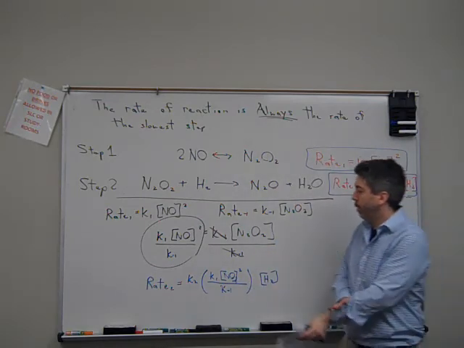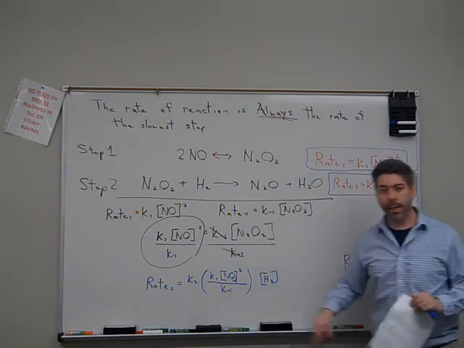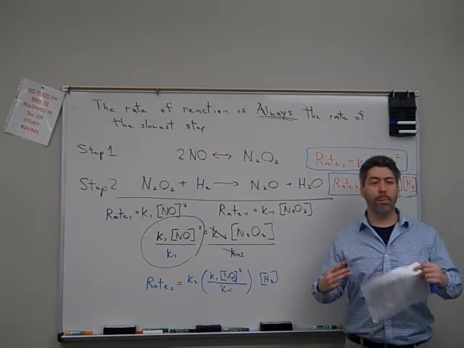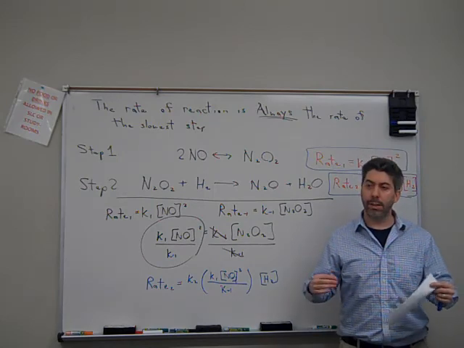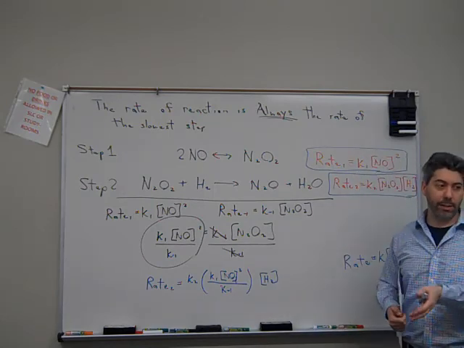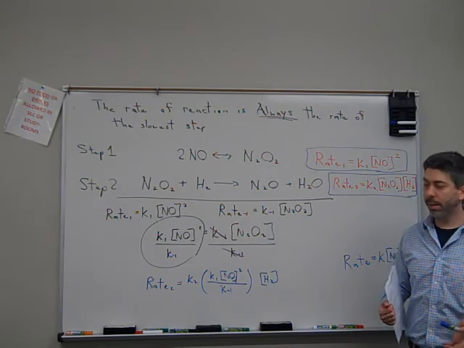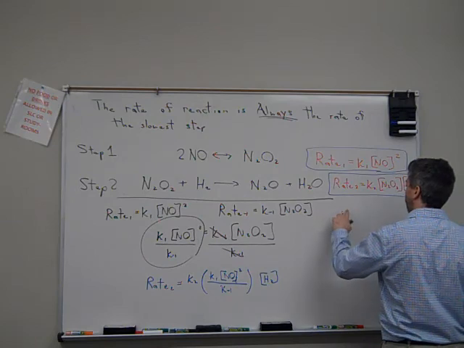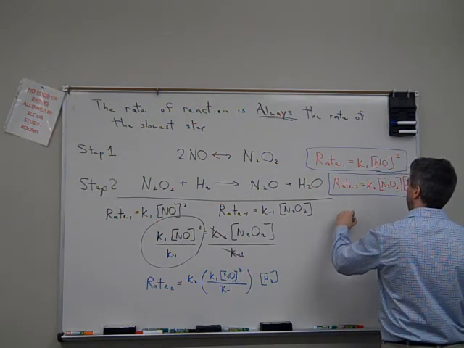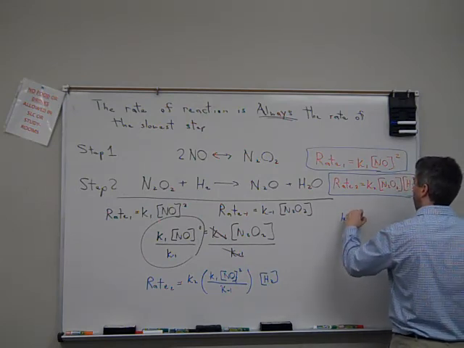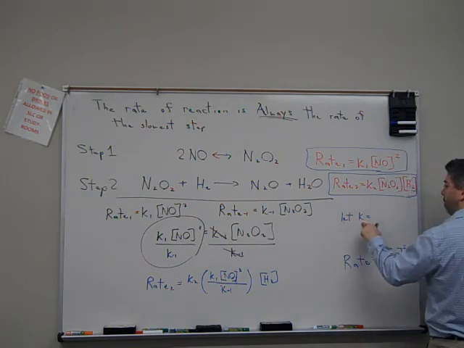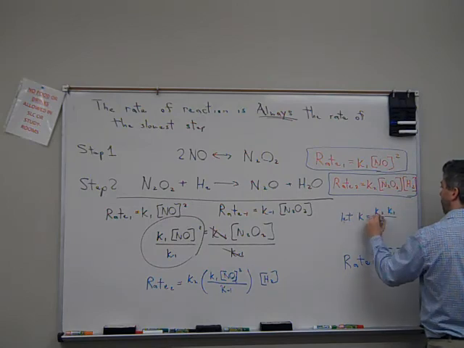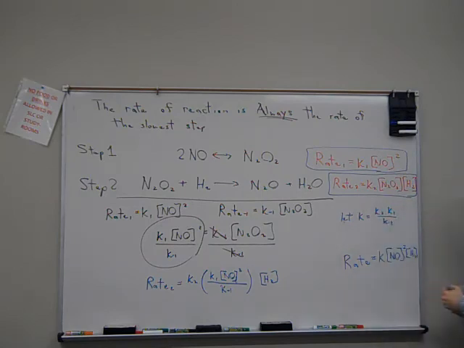Now since K2 and K1 and K negative 1 are all constants, I can just roll them all into a new constant. A constant times a constant divided by a constant is a constant, right? So I'm going to let a new constant K be equal to K2 times K1 divided by K negative 1.